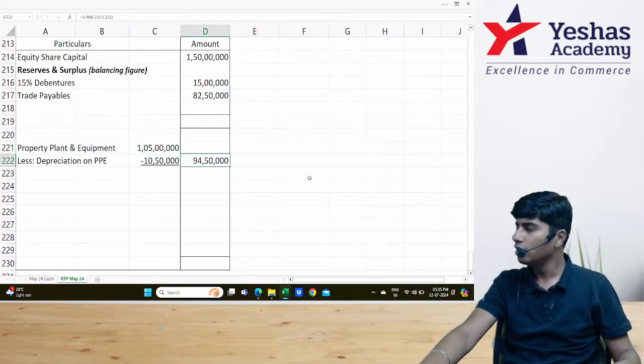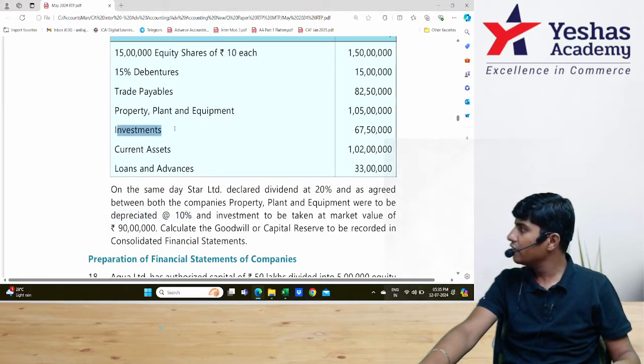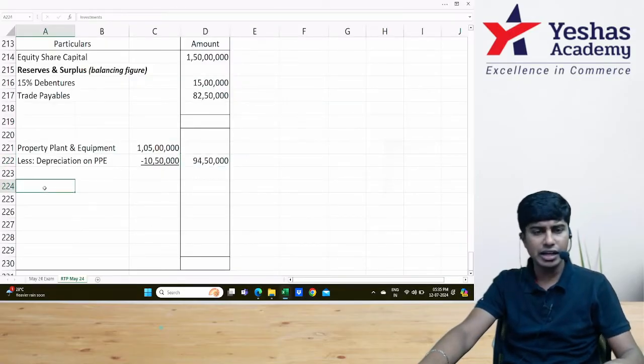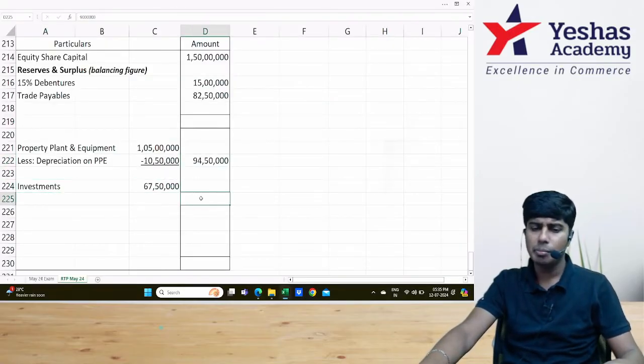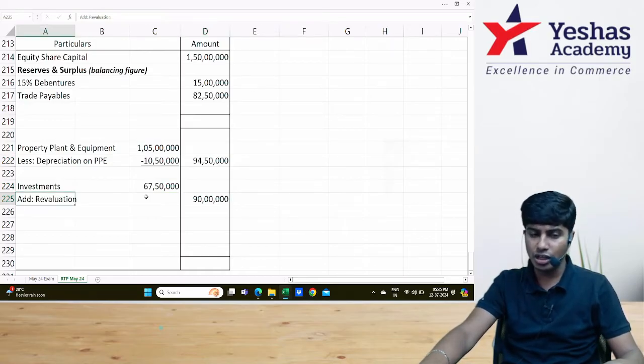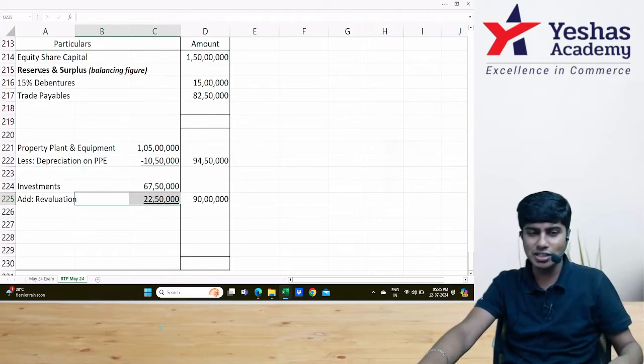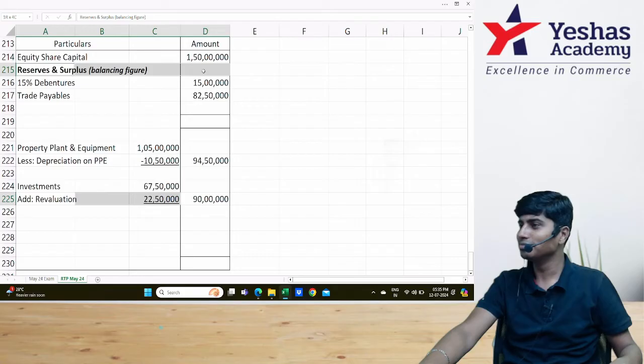Everyone understood? After this, I have investments. Investment is 67 lakh 50. There is an adjustment which says that investment should be valued at 90 lakh. Let me take that. I'll write investment 67.50, but that will be taken to the outer column at 90. To do that, we are going to do revaluation upwards of 22 lakh 50. I don't have to worry. The moment the asset increases here, reserve increases automatically here.